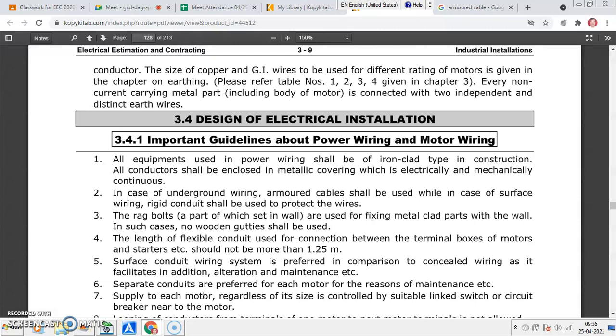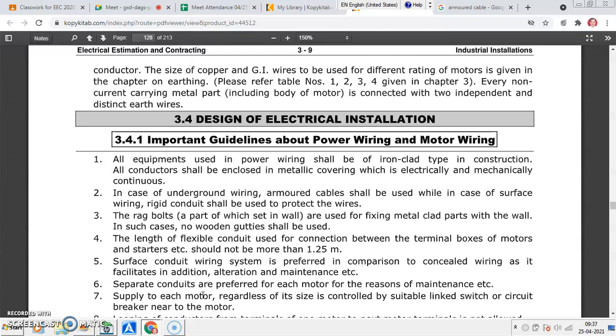This flexible part or flexible electrical wiring extension should be not more than 1.25 meter as far as the standards are concerned, because more flexible conduit and more flexible wiring may provide an obstacle in movement in the industry. So that is required, but it should not exceed 1.25 meter, so that it will not provide any type of obstacle in movement.